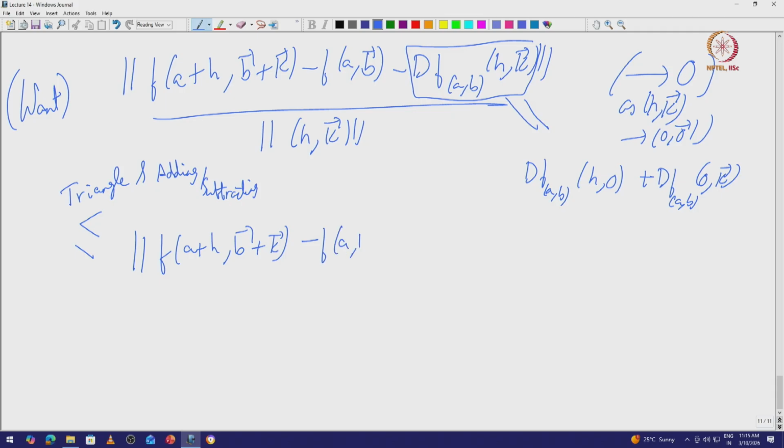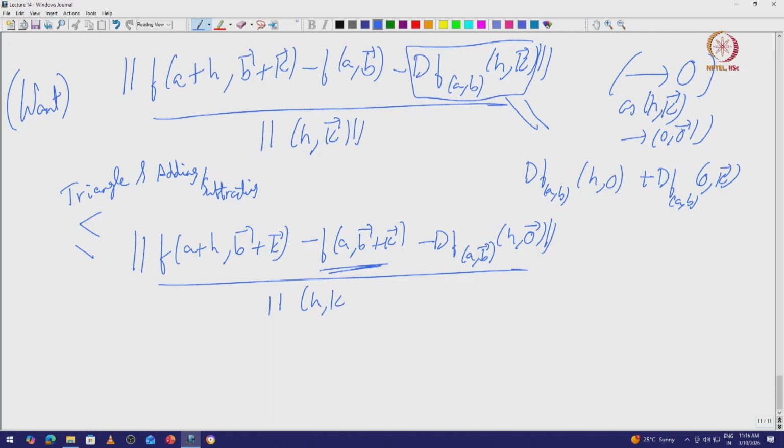What we shall add and subtract is precisely this beast here, plus the same beast and the rest minus f of (a, b), and what we have omitted from this one.